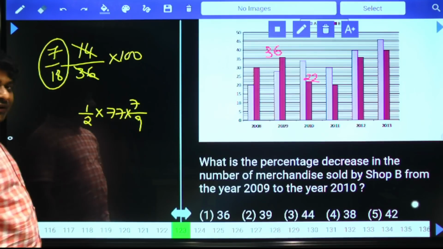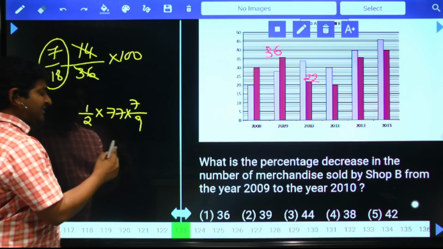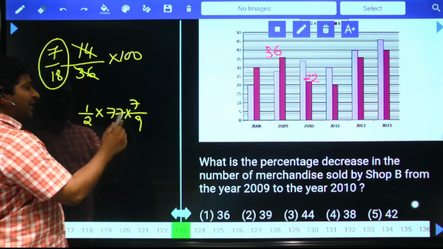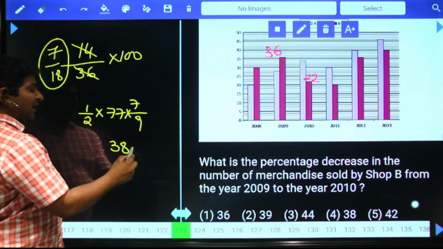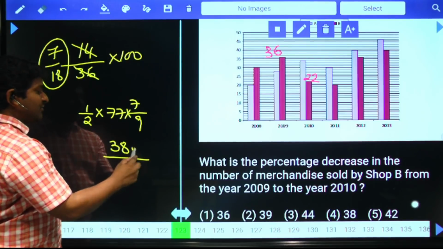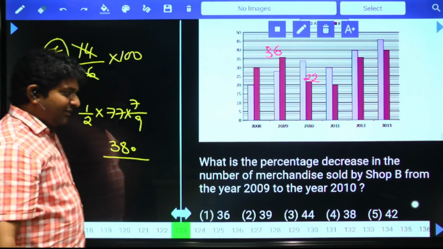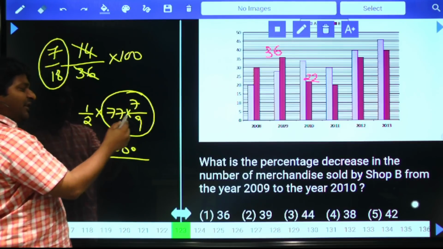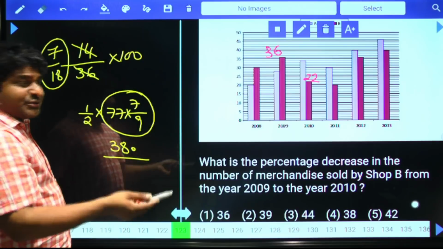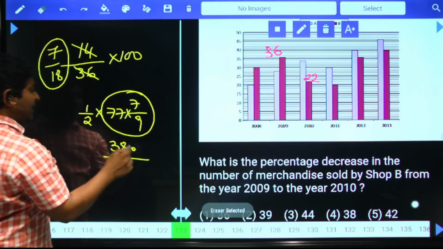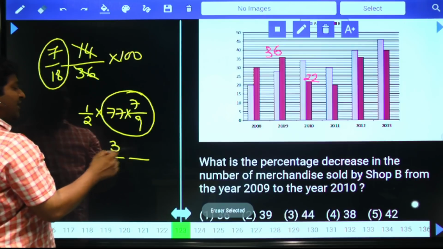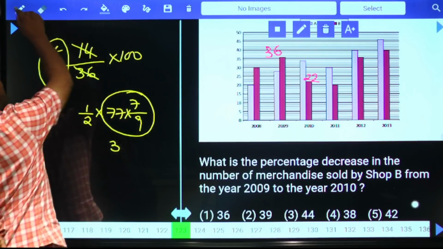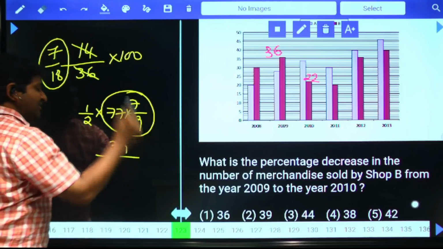Out of that we need to take half. Half of 77 is 38 and something. The answer should be 38 point something, which is close to 78. Half of 78 is 39. Since it is 38 point something, the next number will be the answer, which is 39.